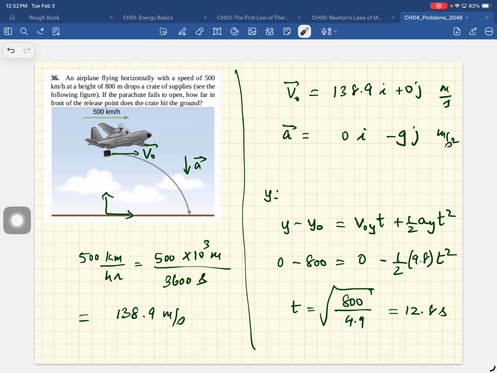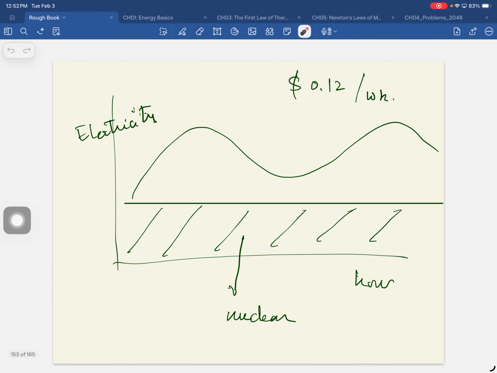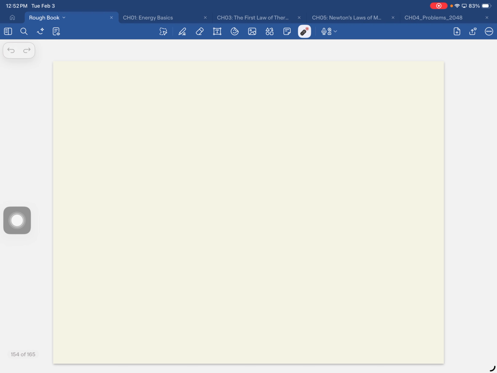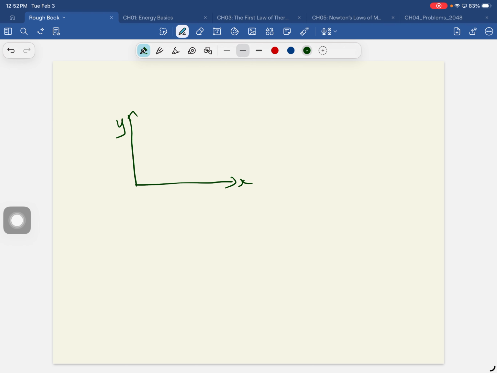So if the box was pushed in a horizontal direction and then you have an acceleration. Okay, so if you draw your axis like this, vector A is 0i minus gj.